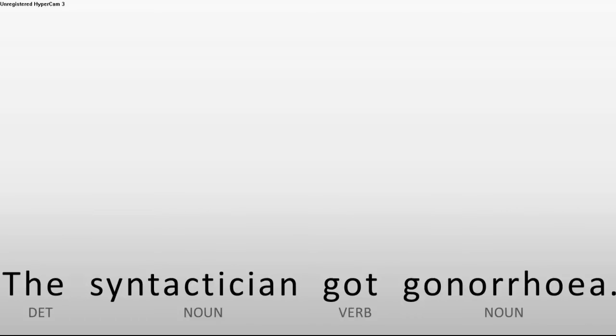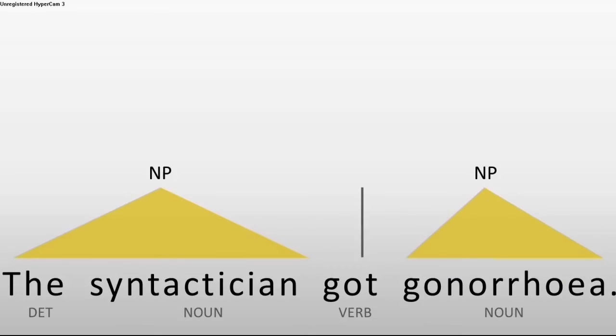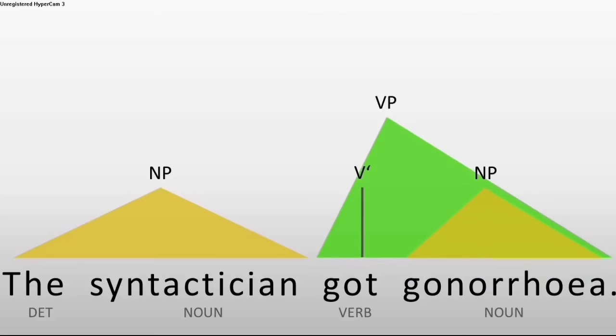The and syntactician form a noun phrase. Since gonorrhea is a noun phrase as well. Now only got is left, and that is a verb belonging to a verb group. Together with the noun phrase gonorrhea, the verb group establishes the verb phrase. Now we connect noun phrase and verb phrase, and we are done.